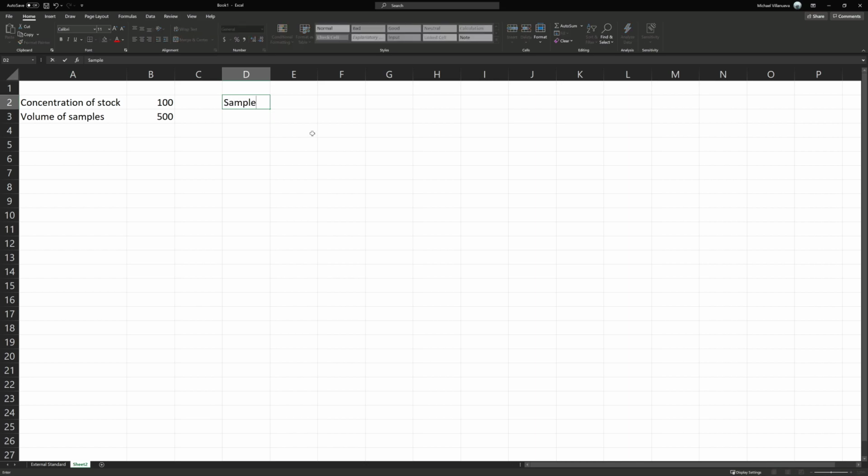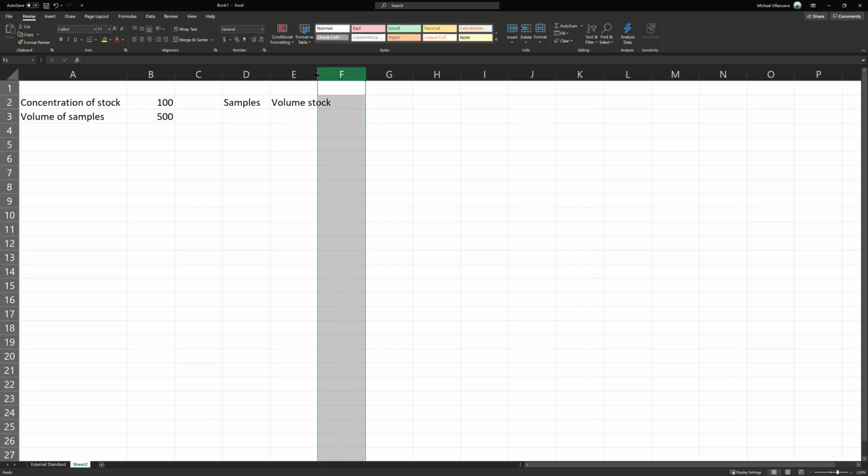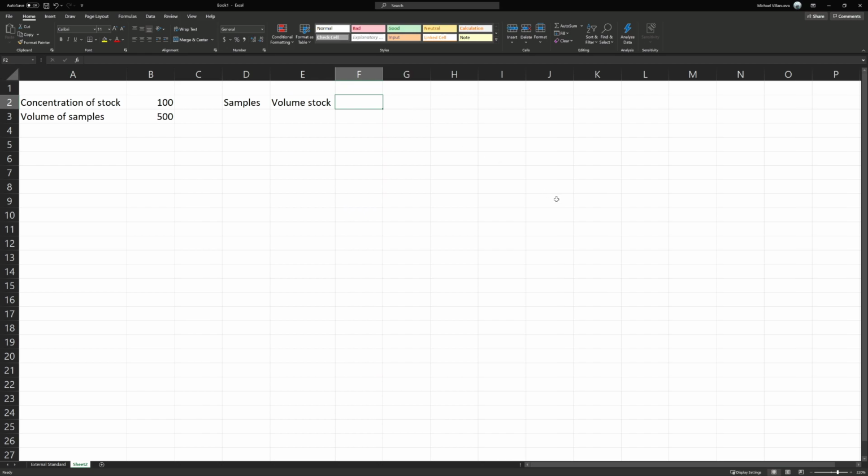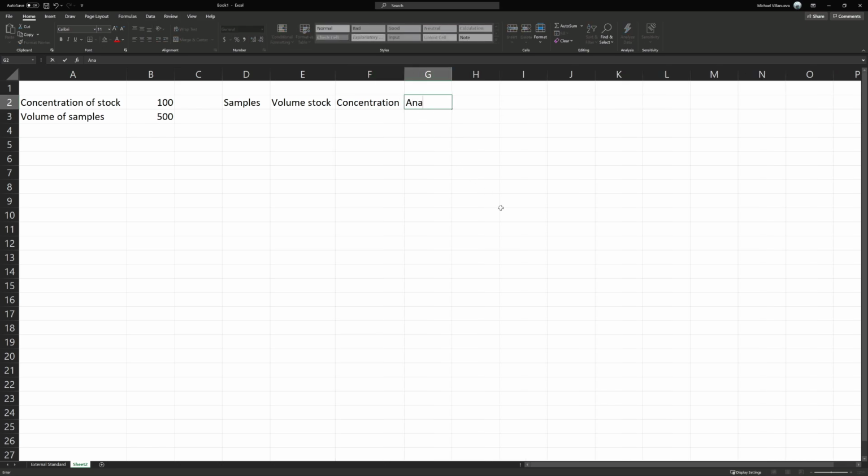Samples, volume stock, concentration, analyte response, internal standard response.